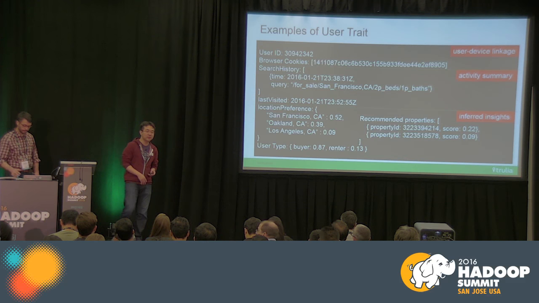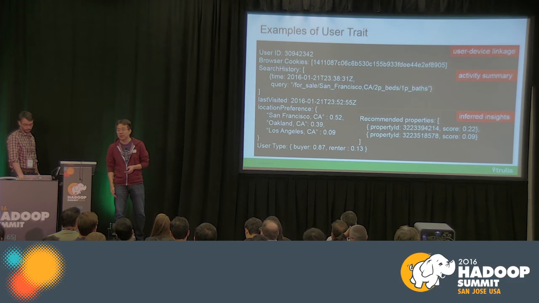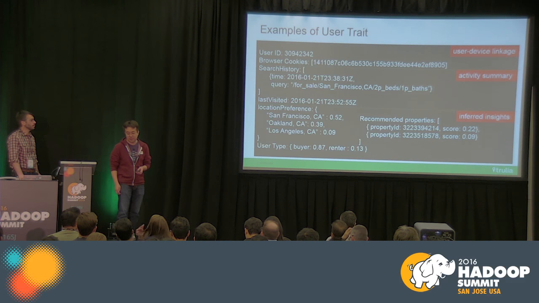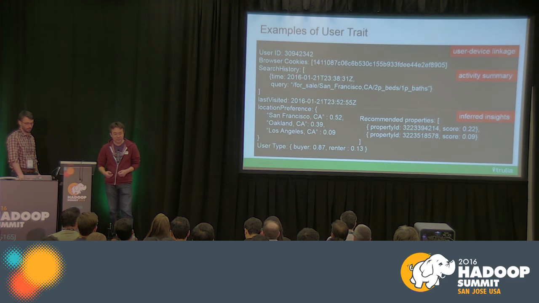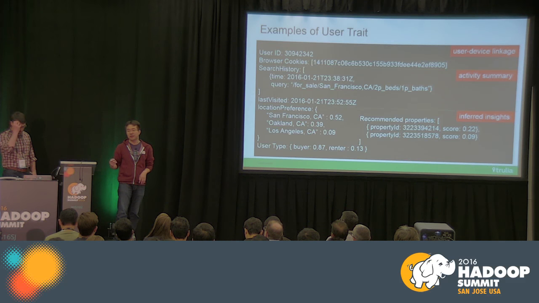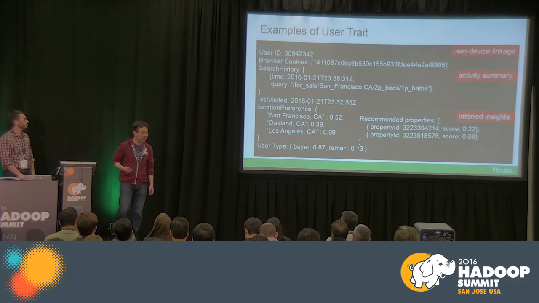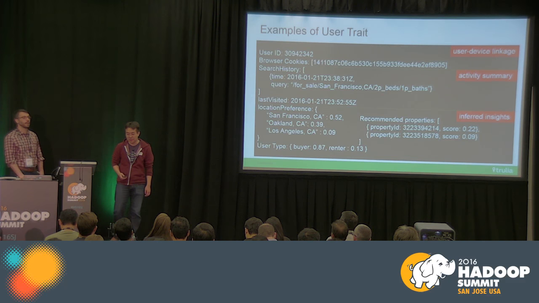And also, obviously, there are tracking bugs, so dirty tracking data is always there. So it's extremely hard to make a fix for those kinds of events when we have only a real-time processing layer.